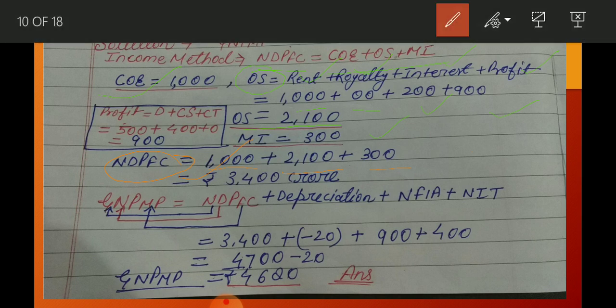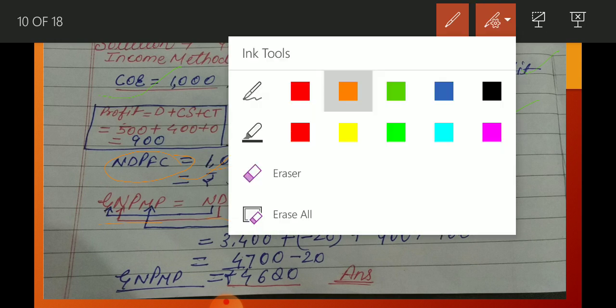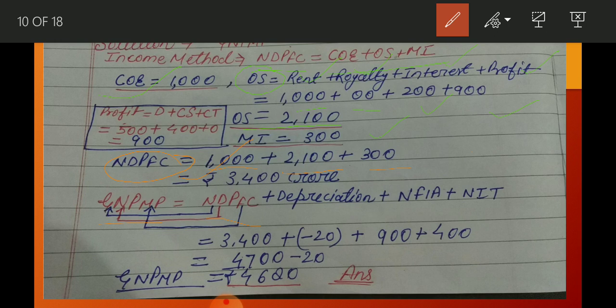So let me start. Here we have written gross national product at market price, and what we have is net domestic product at factor cost. When we are moving from net to gross, we have to add depreciation. When we are moving from domestic to national, we add NFIA, and when we are moving from factor cost to market price, we add NIT.